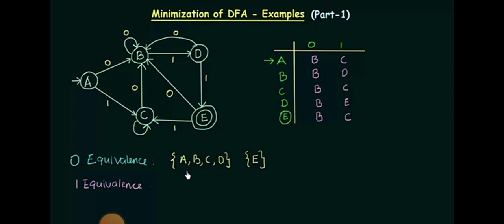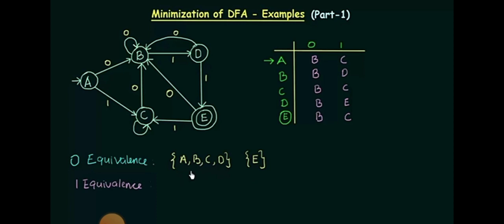If the states to which A and B go on a particular input fall in the same set as in the zero equivalence row, then they are said to be one equivalent to each other. It may seem a little difficult to understand, but it will become easy.